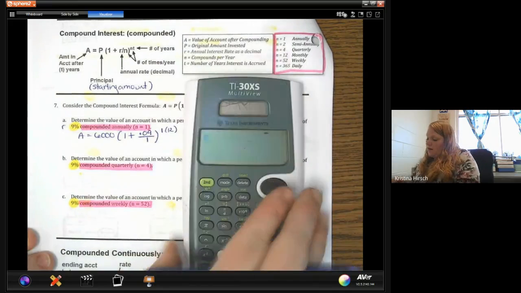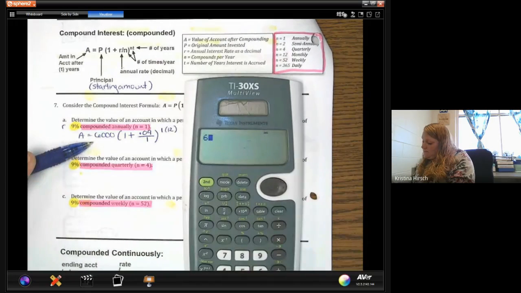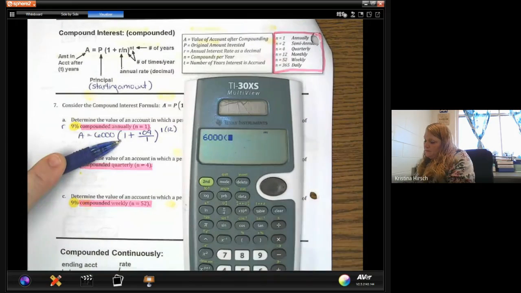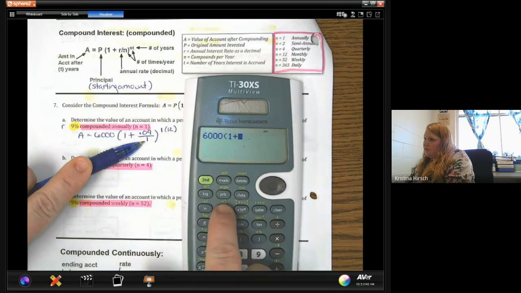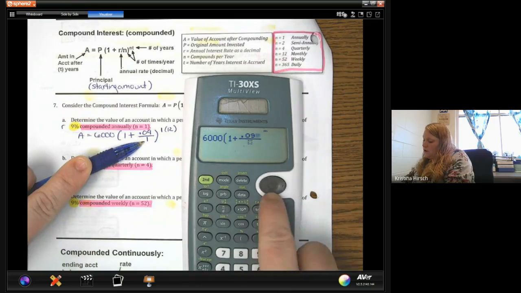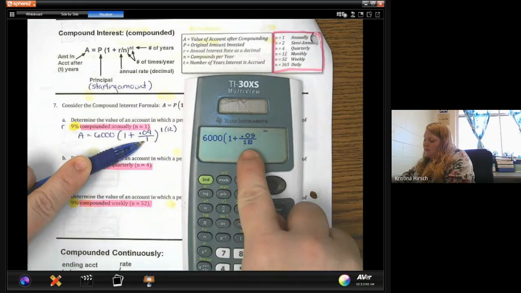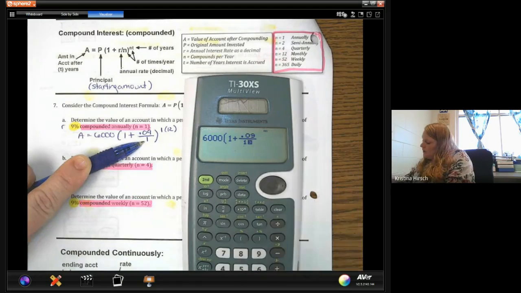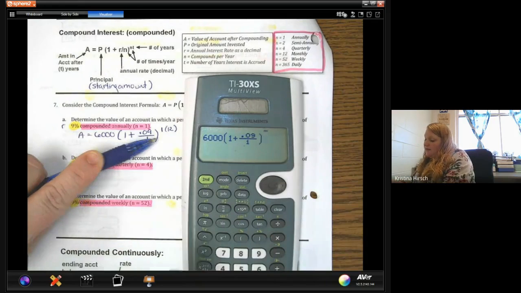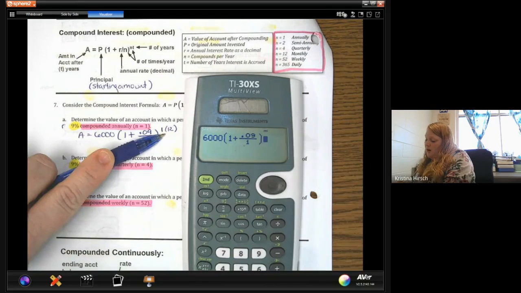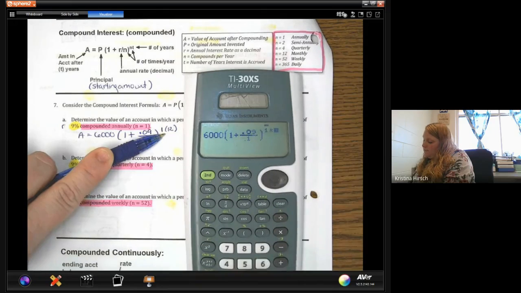So we're going to type 6,000 parentheses 1 plus, now this is a fraction, so I'm going to use N over D, 0.09 over 1, and then see how it's blinking? It's like, get off of me. So I'm going to arrow off to close off my parenthesis. Now this is an exponent, so be careful. So I need to raise it and put 1 times 12.